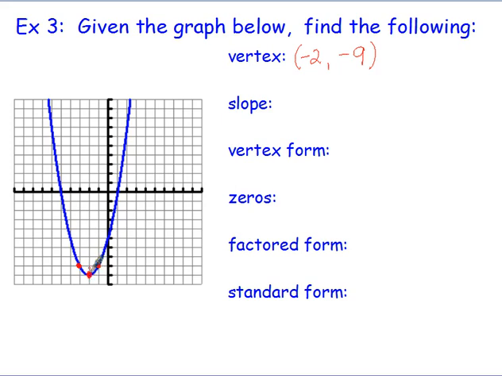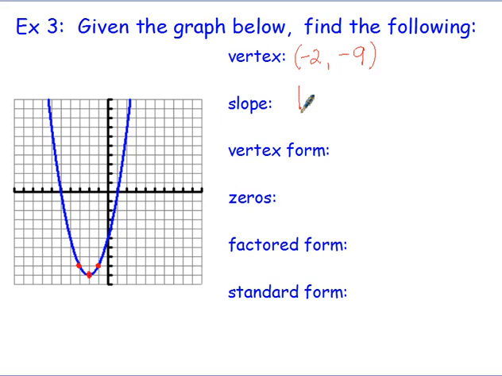Well, that is up exactly 1 box. So I went up 1 box and then left and right 1. So the slope is always just the amount you're going up or down, exactly 1 to the left and 1 to the right. So what we have here is the information we need to write vertex form.